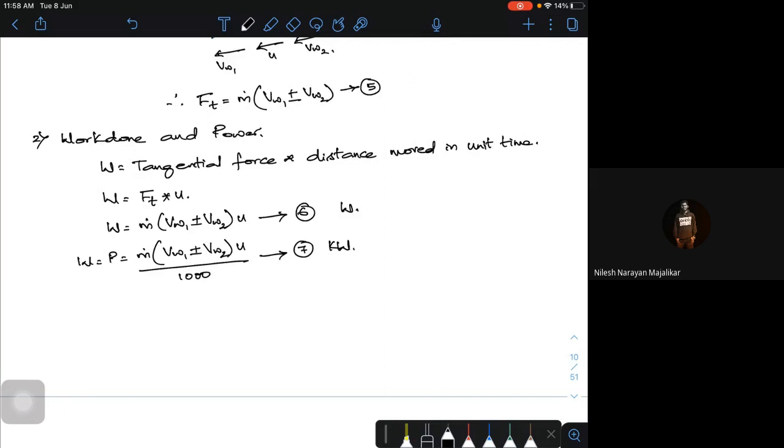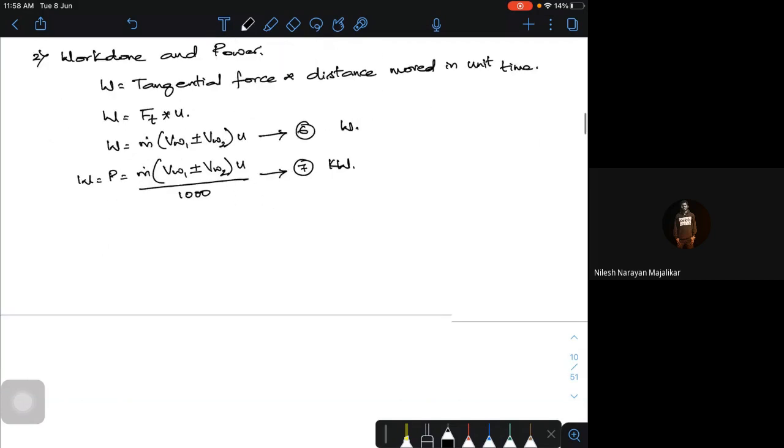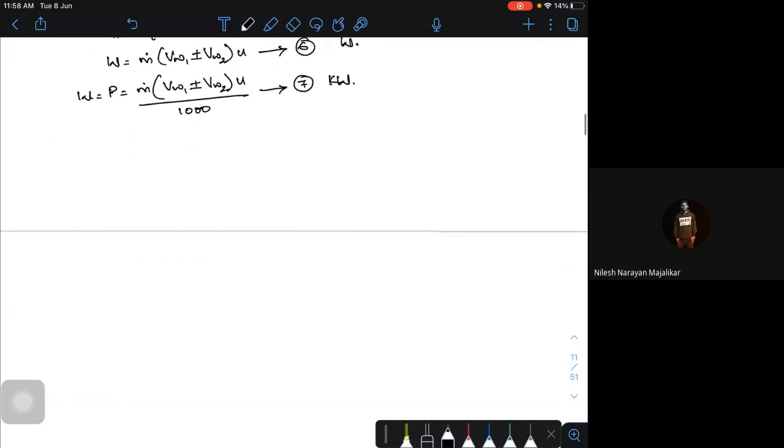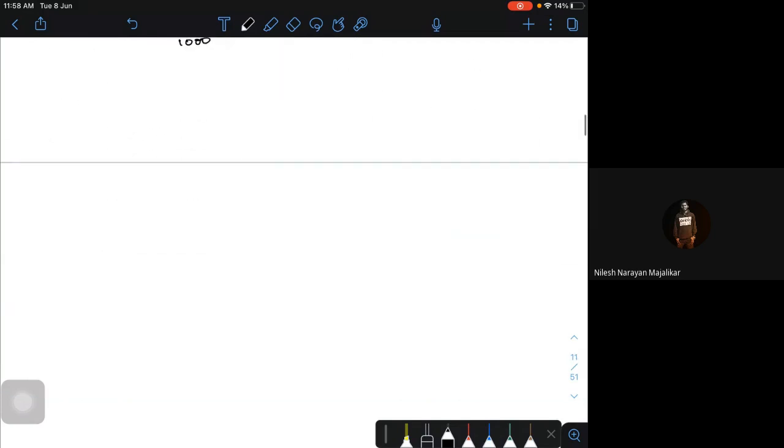Are you getting it? So this is the expression for your work done, your tangential force and all, and we got it from your Euler equation. Let us look at one more thing. What is called the blade efficiency, the third quantity, blade efficiency or diagram efficiency.